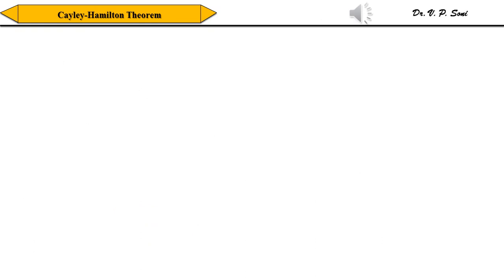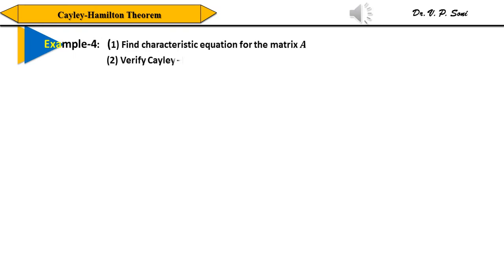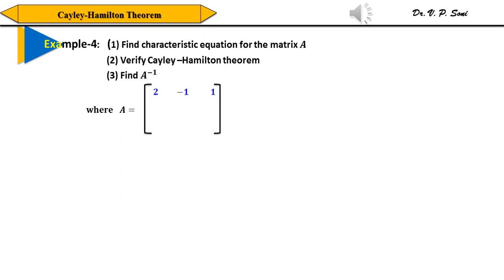Let us take the fourth example. First, find the characteristic equation for the matrix A. Second, verify Cayley-Hamilton theorem. Third, find A inverse, where matrix A has first row 2, minus 1, 1, second row minus 1, 2, minus 1, third row 1, minus 1, 2. Solution. The characteristic equation is determinant of A minus lambda I equal to 0.